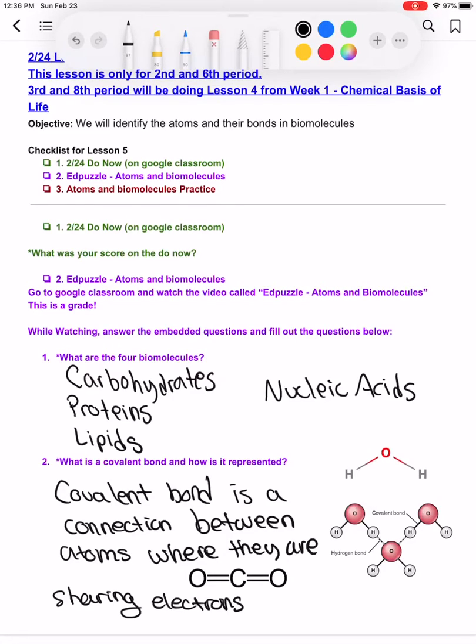So anytime that you see a line like this, that means that there are 2 electrons that are shared, okay? This line represents a covalent bond, okay? This molecule should be super familiar. I have 2 H's and an O, so that's 2 hydrogen atoms and an oxygen. That means that it's H2O. So what you're looking at here are water molecules.